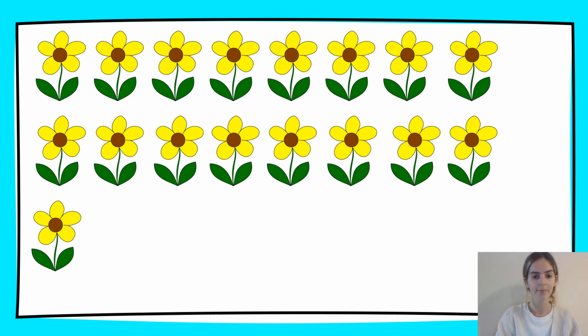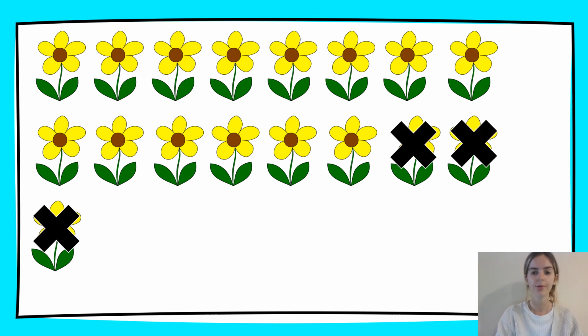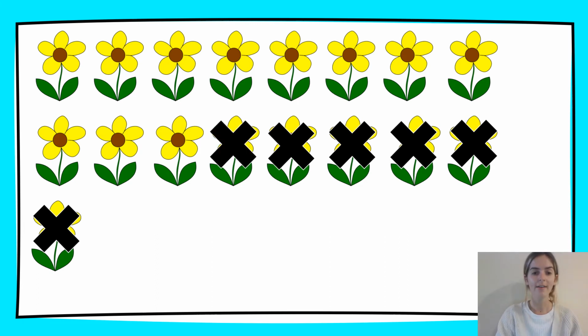Now remember, I picked 7 and I gave them away, so I no longer have them. So now we need to cross out those 7 flowers. 1, 2, 3, 4, 5, 6, 7. And now, how many do I have left?